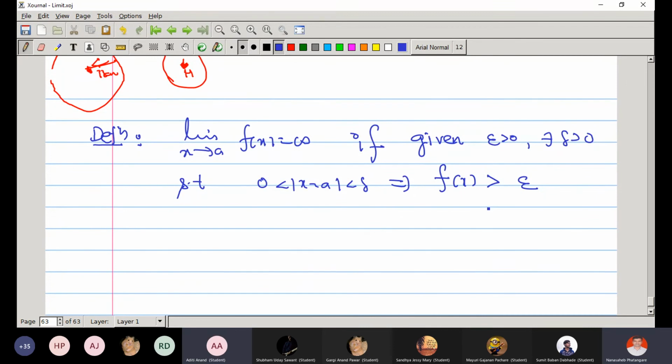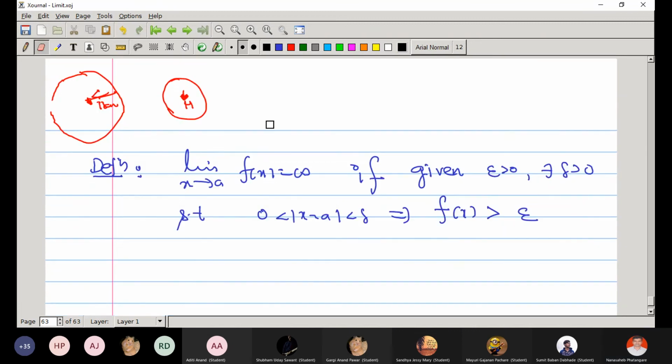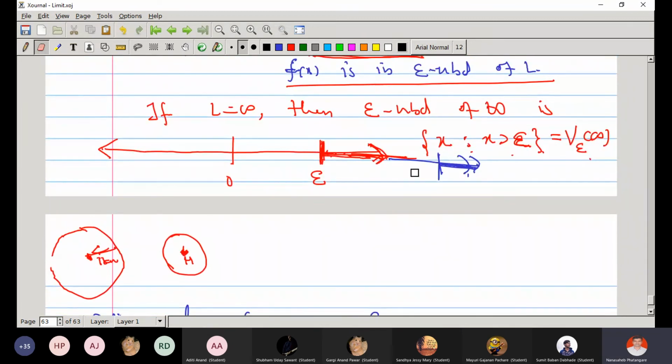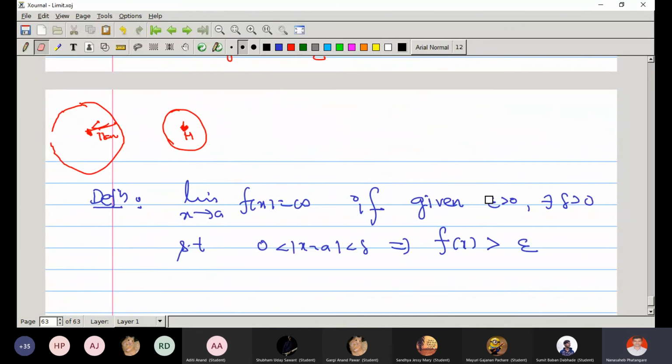Yes, sir. Right, because f of x is greater than this particular epsilon, that means f of x is closer to infinity. Due to our convention, we use epsilon for smaller quantities and m for larger quantities, so I will change my notation here.